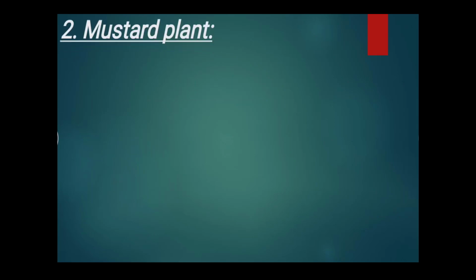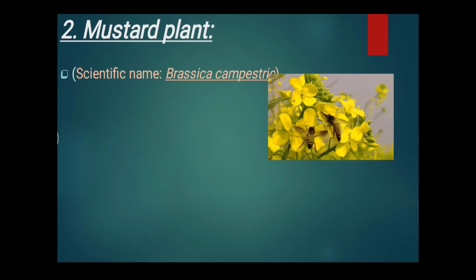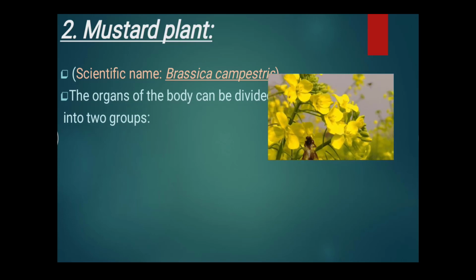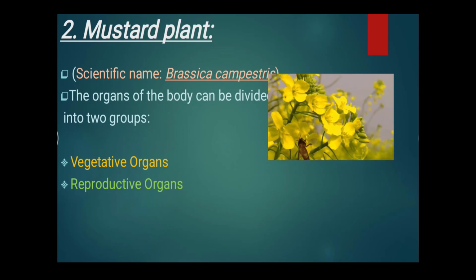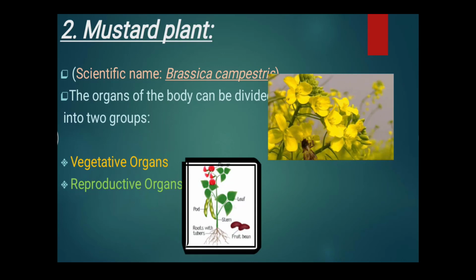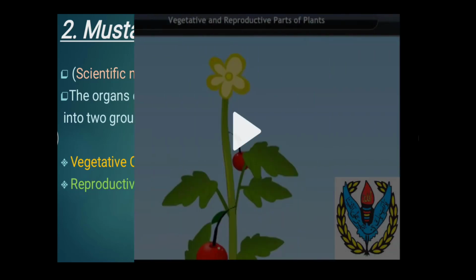Second example of multicellular organization is the mustard plant. Scientific name of mustard plant is Brassica campestris. The organs of the body can be divided into two groups, which are vegetative organs and reproductive organs. For better understanding of vegetative organs and reproductive organs, students look at this video.